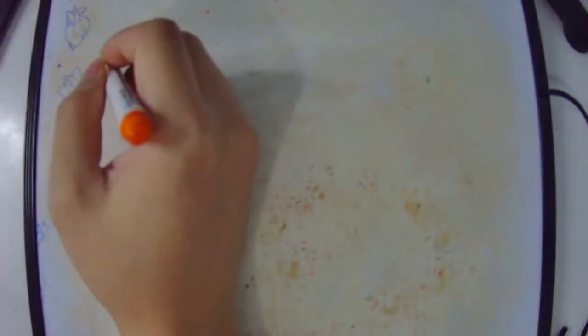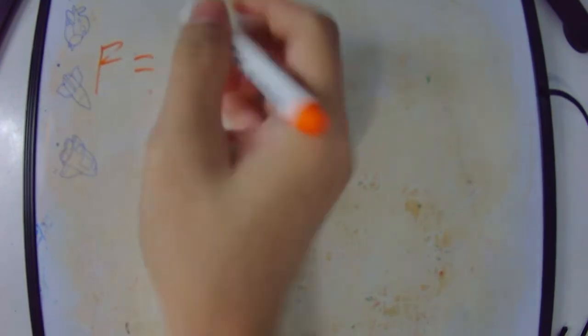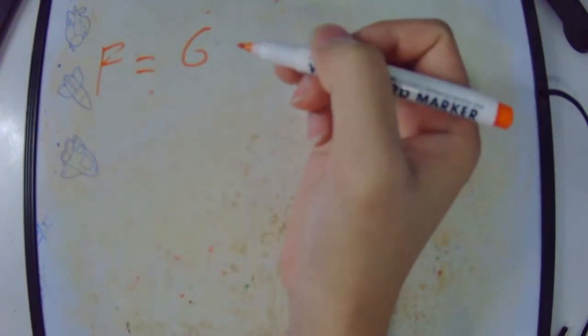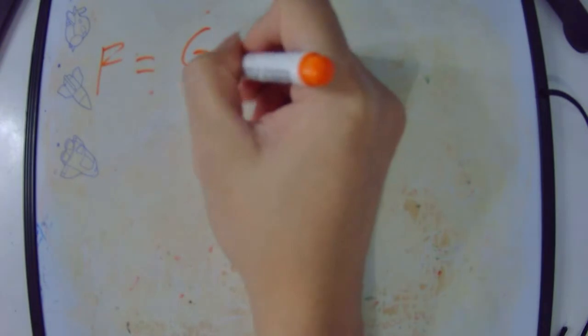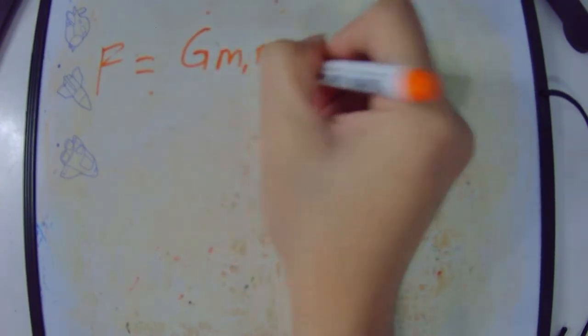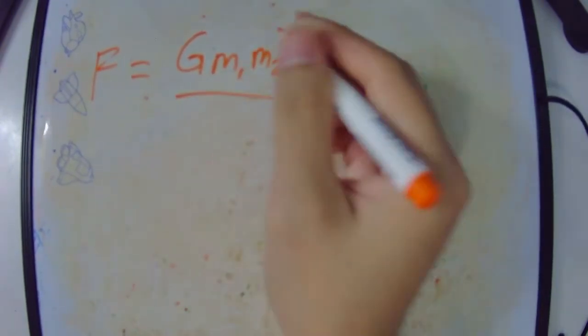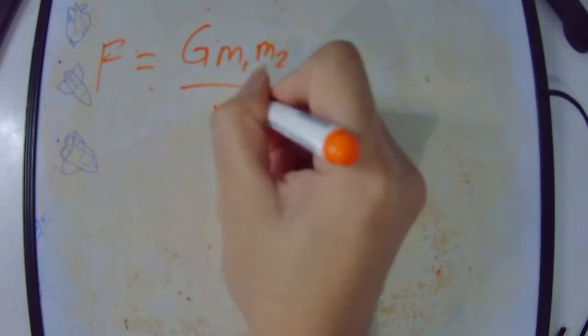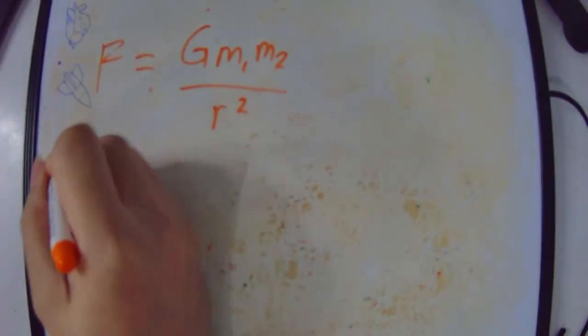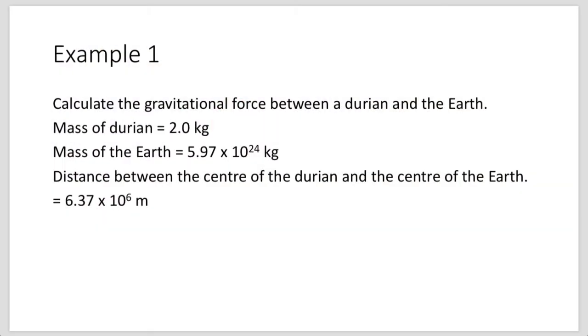So let's go ahead and figure that out. The formula is force equals G, capital letter G, times M1 times M2 over R squared. So let's figure out the value of each of these things first. What is G? G we've just discussed just now. G is a constant.